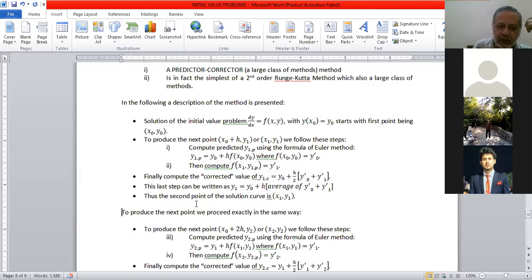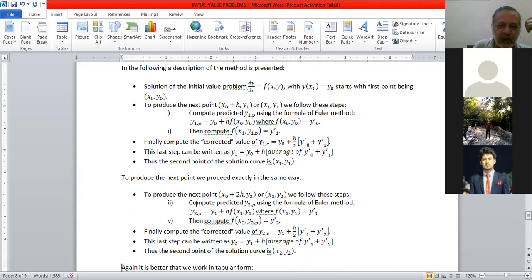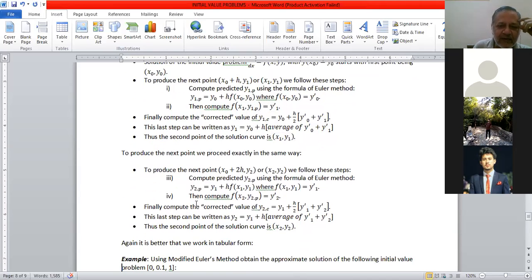So to produce the next point, we follow exactly the same steps, which is x2, that is x naught plus 2h, y2, or x2 y2. हम x1 y1 पर सिंपल यूलर्स मेथड का एक स्टेप इस्तेमाल करके y2 प्रेडिक्टेड कैलकुलेट करेंगे and then write down f x1 y1 as derivative value at x1 y1.